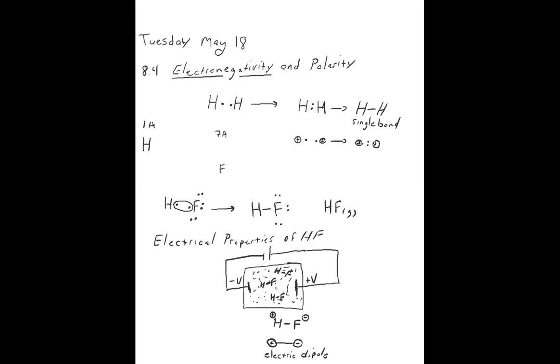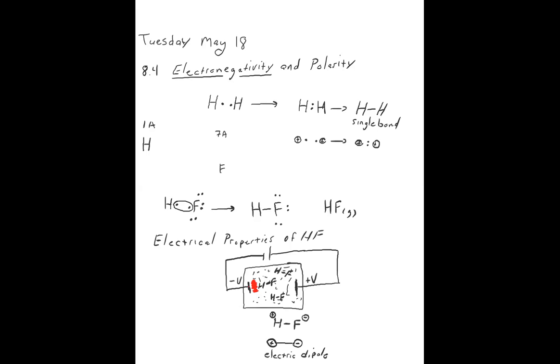And what happens then is the positive end of the hydrogen atom is attracted to this negative potential, right? There's an attractive force occurring there. So on average, the hydrogen atom is going to be attracted, right? Because positive is attracted to negative and negative is attracted to positive.